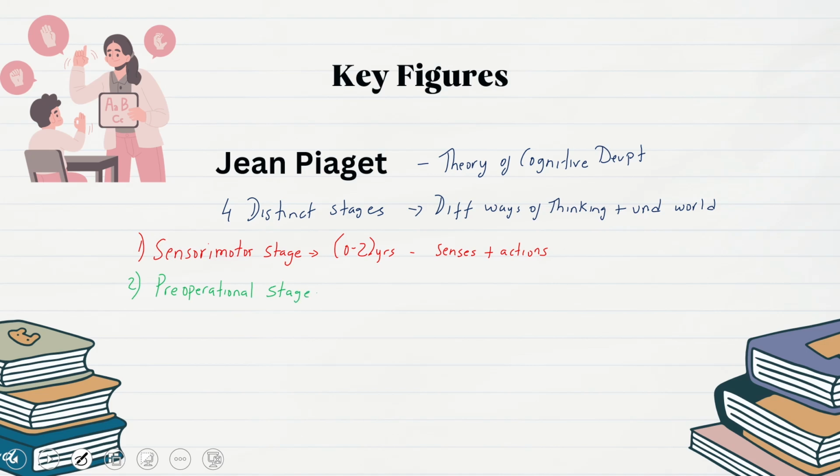This is from 2 to 7 years. And here we see that children begin to use language and symbols, but they lack logical reasoning.